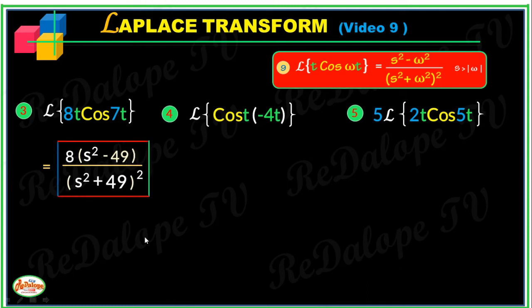And for problem number 4, we have s square again, just simply copy s square, and then the minus sign, and omega is simply 1.